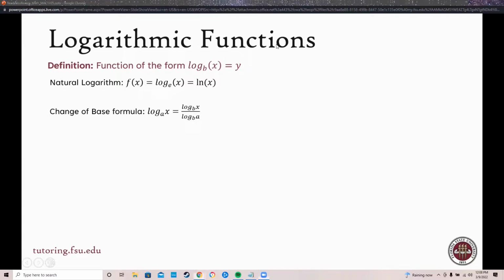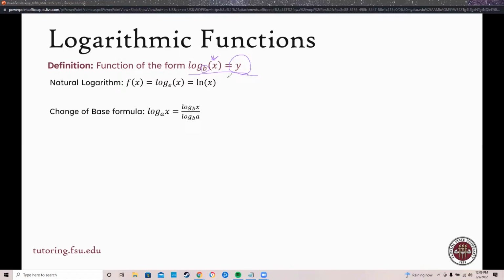Logarithmic functions are also very important and semi-related. The logarithmic function is of the form of something like this. You have b here, which is your base for your log function. X is nested inside the function, so it's technically a nested function. And then you have this equaling some value, as they do.